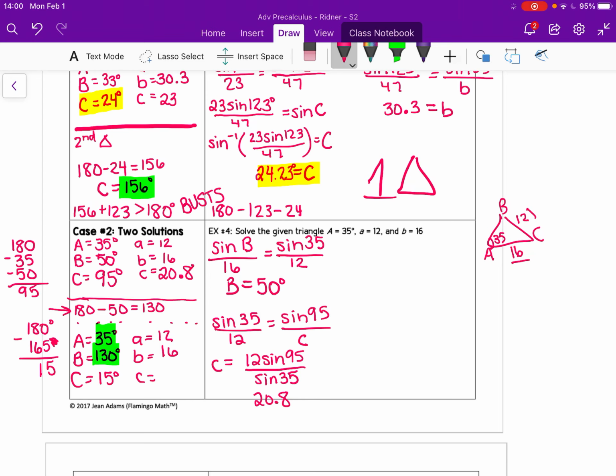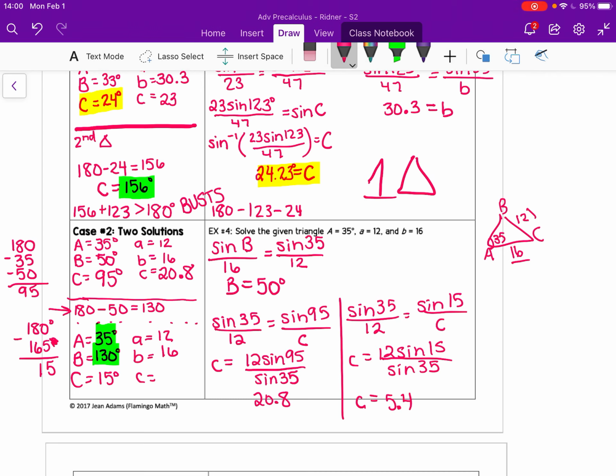That makes sense because the biggest angle should be the biggest side. Whereas if we do it with our other one, sine 35 over 12 equals sine of 15 over c, we're going to get that little c equals about 5.4 if I round. And that makes sense because the smallest angle should have the smallest side.